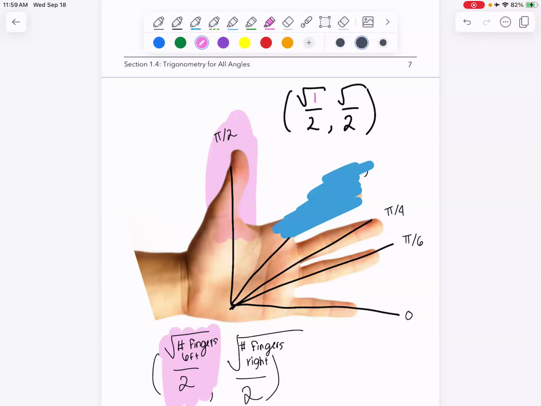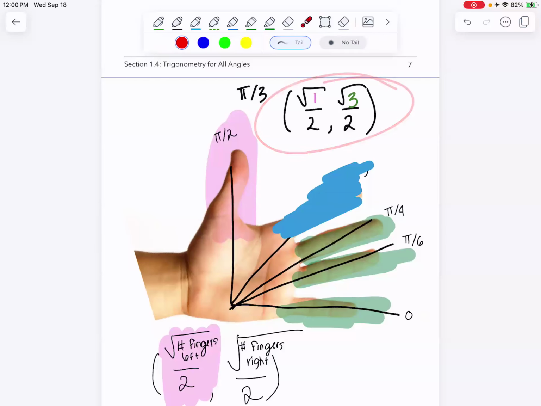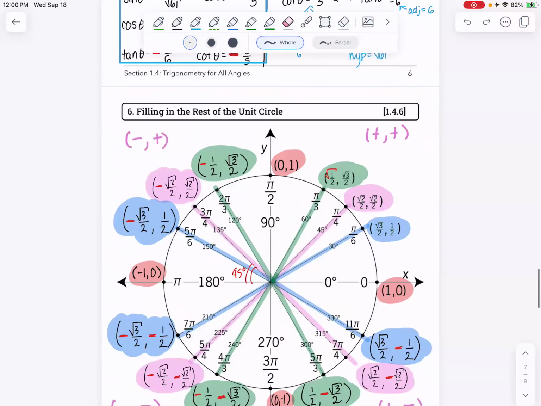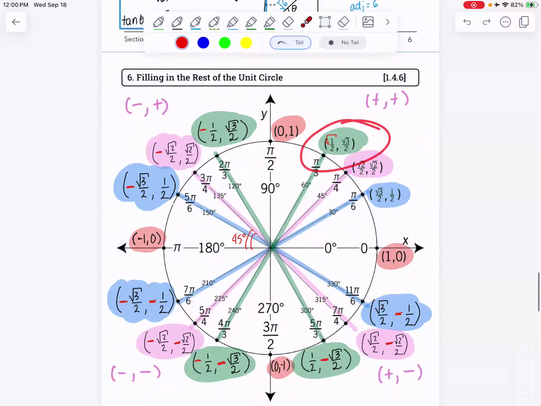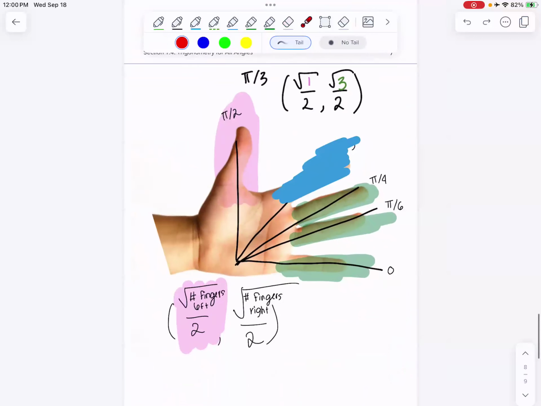On the right side, we have 1, 2, 3 fingers left up. 3 fingers. So it's square root 3 over 2. So you can see it. For the angle pi over 3, the coordinate point is, we can get rid of that square root there, 1/2, comma, square root 3 over 2. 1/2, square root 3 over 2. It works for all the angles. It's a really nifty trick here.